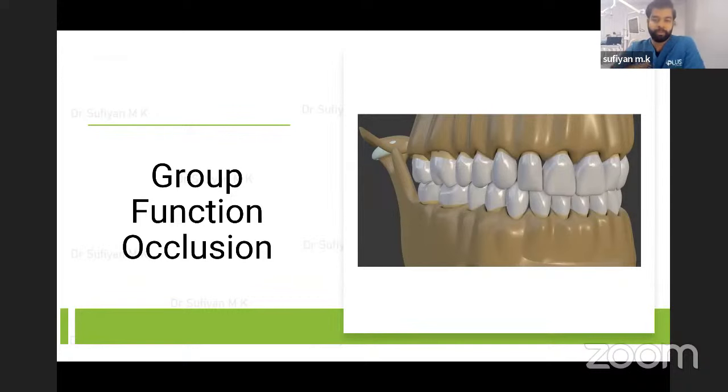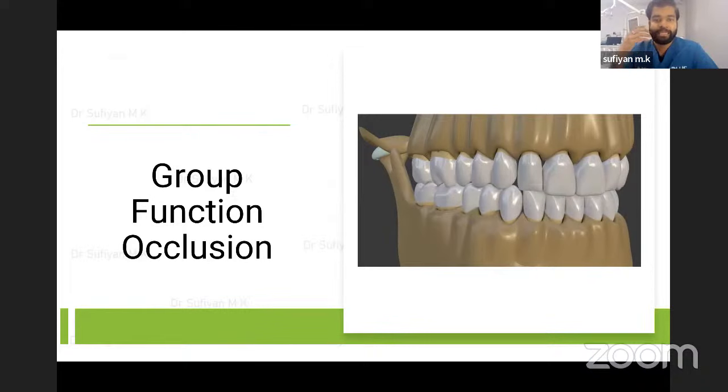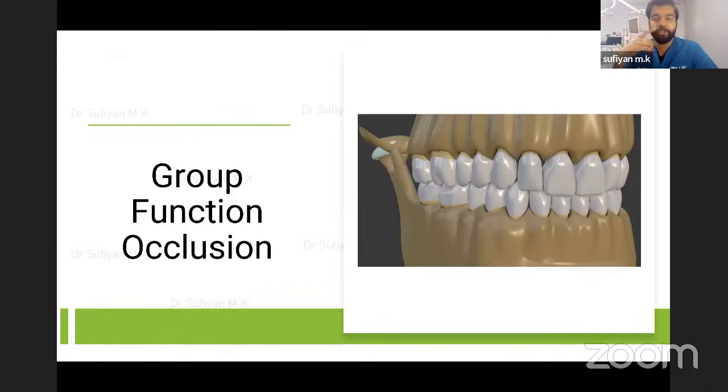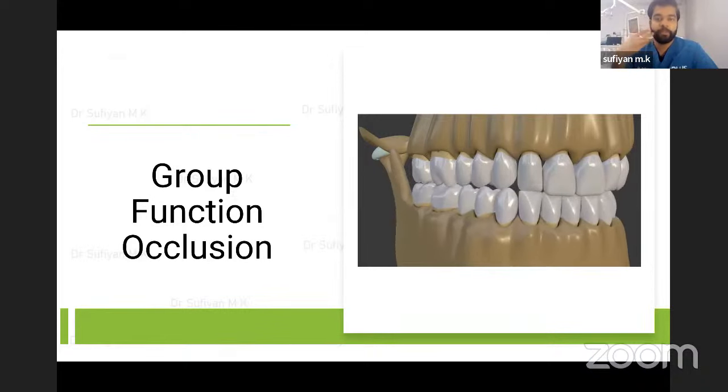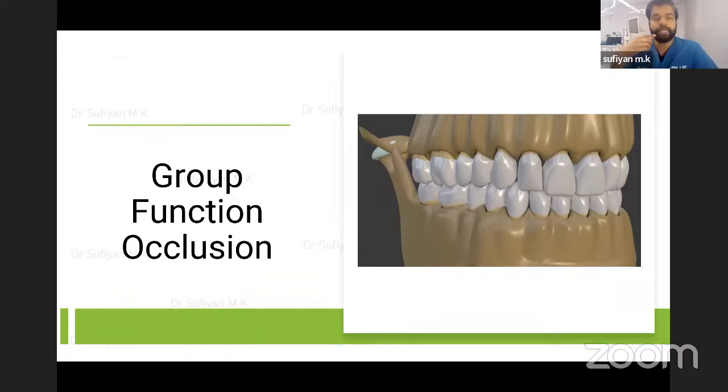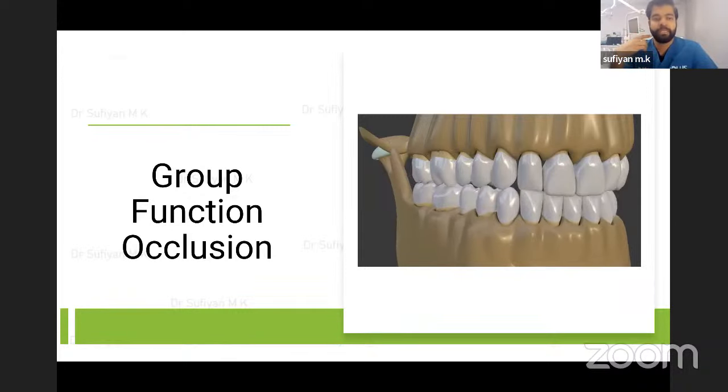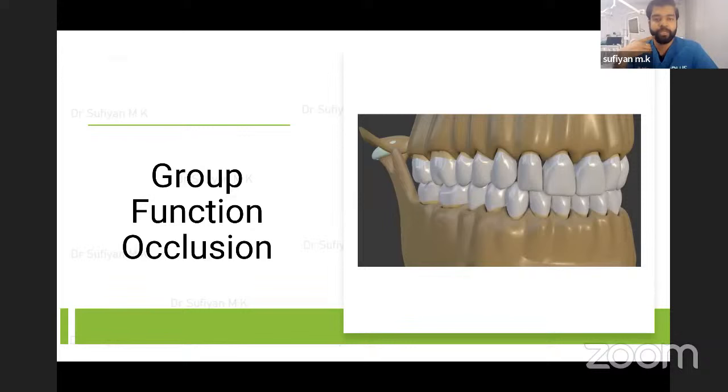Okay, so now you will do this exercise. Bite and try to brush the canines and move your mandible to the right side. Right? When you do this, if your canine, premolars, and molars are touching, the cusps are touching each other, that is nothing but group function occlusion.